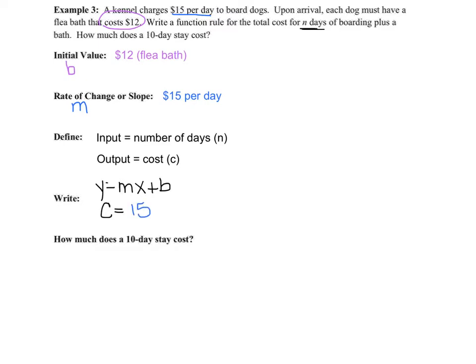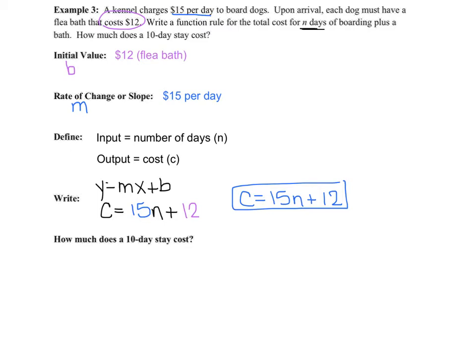Our x, our input value, we identified as n, which is the number of days, plus our b is our initial value, which we identified as $12 for the flea bath. Therefore, our function rule is C equals 15n plus 12.